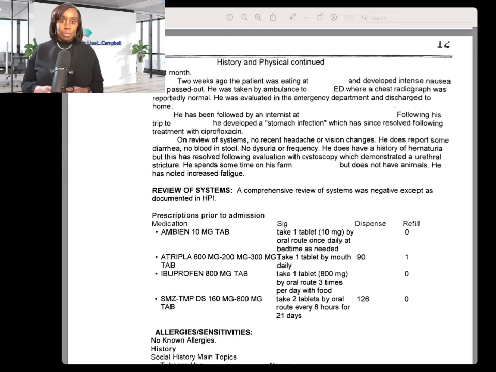Now, please remember, as the inpatient coder, we're not necessarily going to pick up things like chest x rays and EKGs because those are services that are going to be captured by the hospital charge master. So we are not going to pick those up.